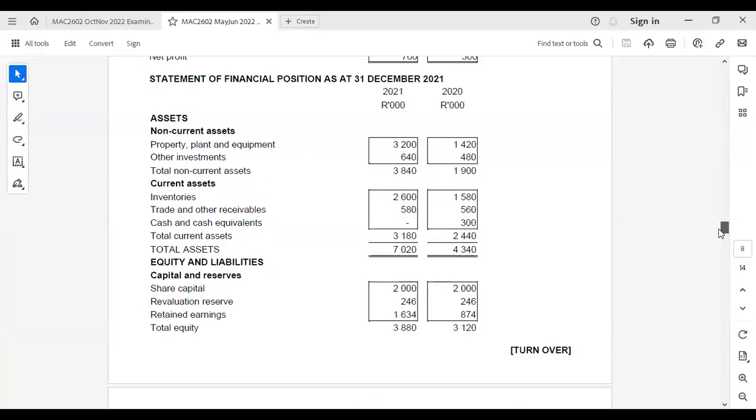The inventory actually increased from 1580 to 2600, but an increase in inventory actually increases the current ratio, so it doesn't support our outcome. That's why it's not very important. But you can also talk about a huge increase in inventories that were supported by trade payables. That can make sense as long as you are linking it to a decrease in the current ratio.